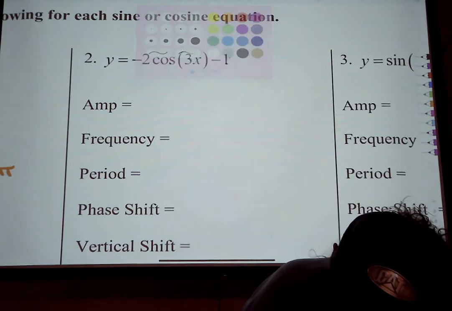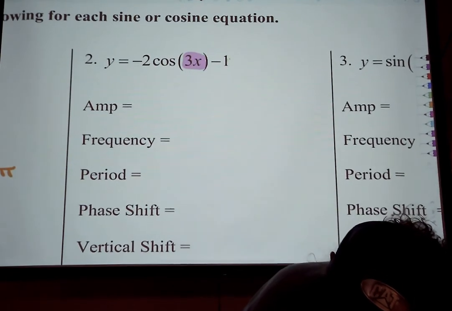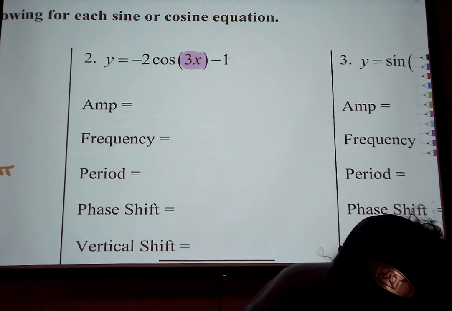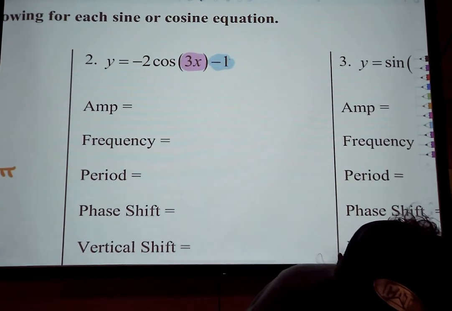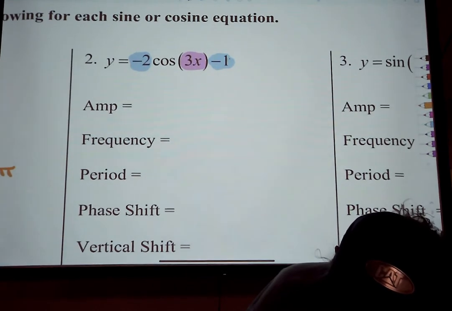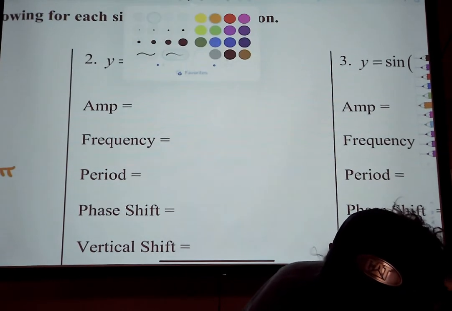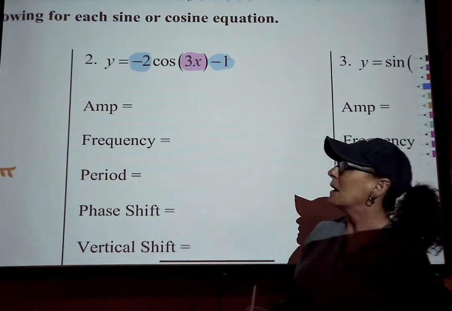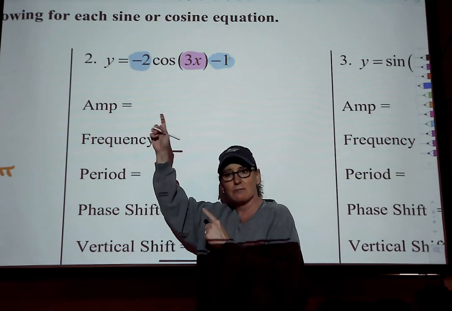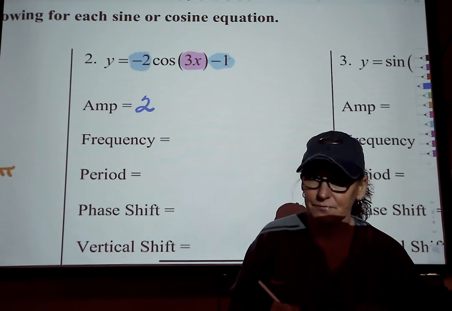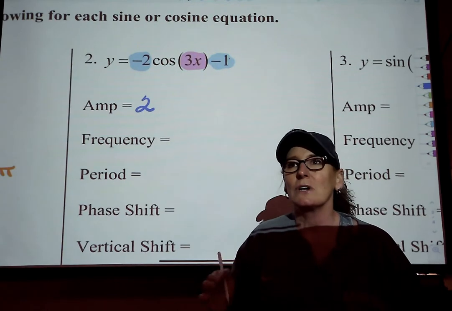Check out cosine, and then you have parentheses. So this is the horizontal transformation. Vertical is the stuff that's going on outside. Okay. Amplitude. Give me the positive version of the number out in front. But wait, what does the negative do?